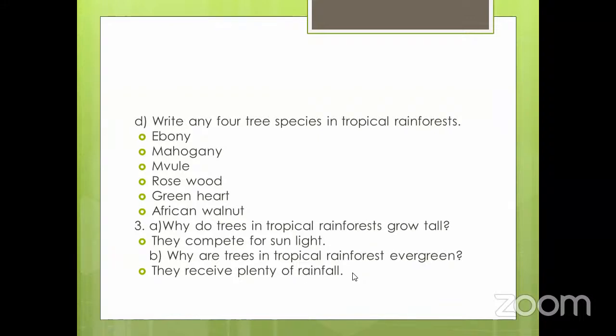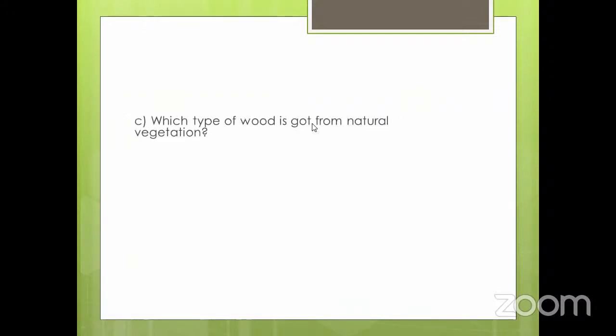Okay, we move on to the next question. It is there. Who can read for us that question there? Moses? Which type of wood is got from natural vegetation?